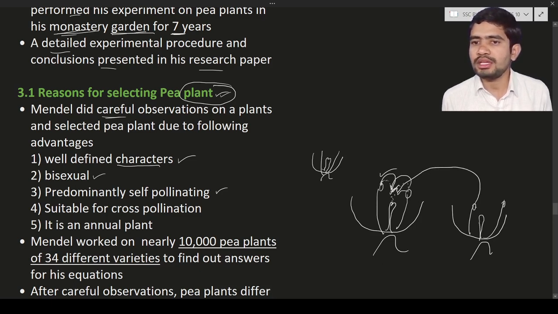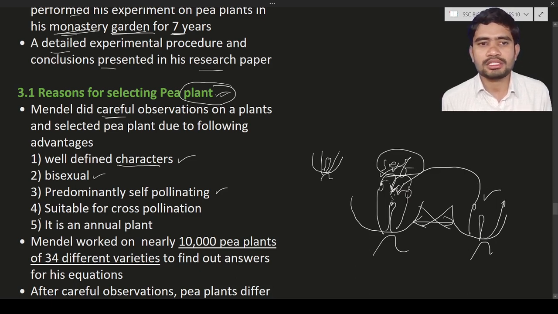It means the transfer of pollen grains from one flower to another flower. That is nothing but cross-pollination. Cross means between these two flowers. The transfer of pollen grains within the same flower is known as self-pollination. Self means within, cross means between.